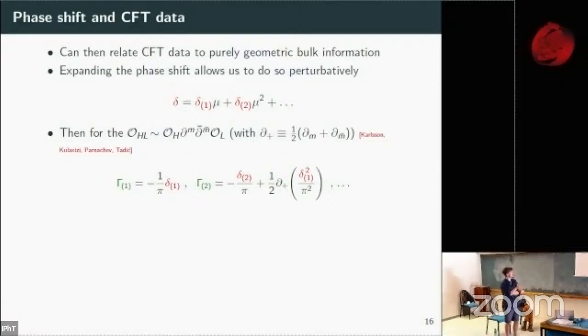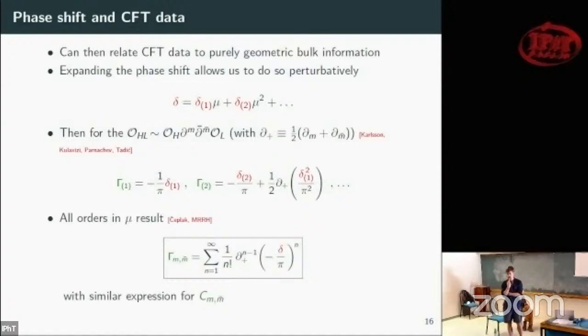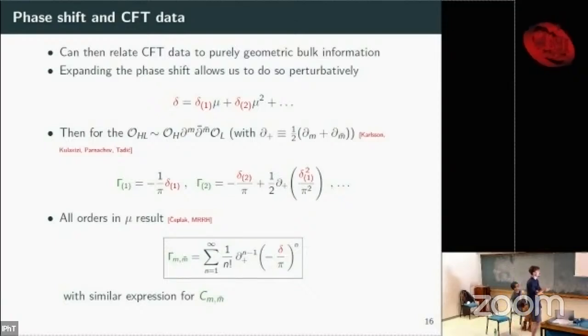Okay, so these are relatively simple relations, but things get out of hand really quickly, as happens if you ever try to sit down and solve crossing relations analytically. But it turns out that, in the Regge limit, you can find some reasonably closed-form-ish expression for the anomalous dimensions of the heavy-light double trace operators.